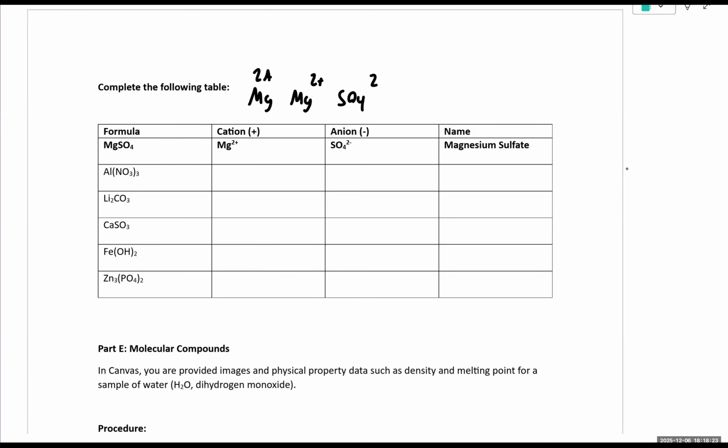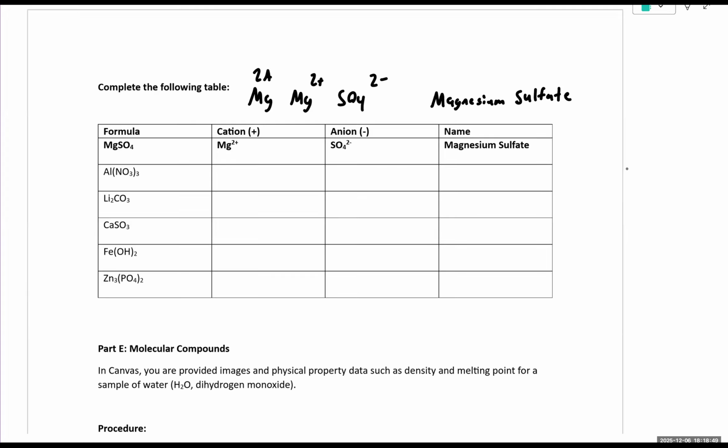Sulfate is a named polyatomic ion, SO4 2 minus. So now that we have our cation and anion identified, to name these polyatomic ion containing compounds, you name the cation, which is magnesium, and then you write the name of the polyatomic ion anion, which would be sulfate. So this would be magnesium sulfate.